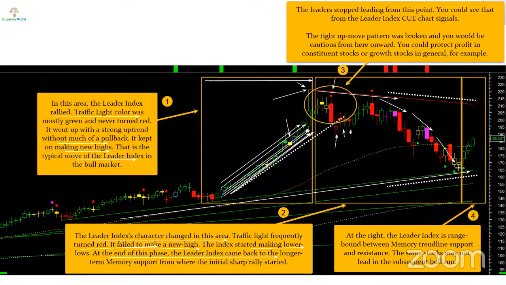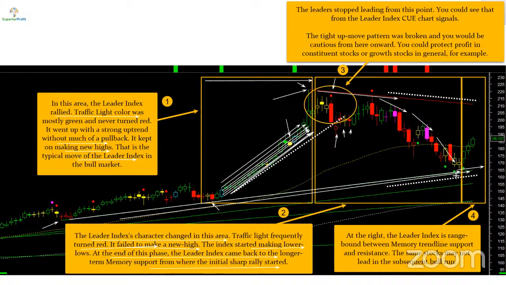So it started weakening and came back to a long-term memory support, and you may say very precisely stopped there. It is not one stock, it's a custom index, so this is precise enough. It stopped at the trend line support. The initial sharp rally, if you notice, the slope increased a lot from here, and the trend line was created from that point. That was one anchor point and another anchor point from the past.